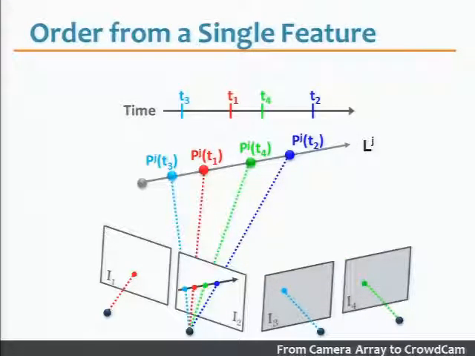Alternatively, if we had the projection of all points into one of the views, here again the spatial order on the image plane will be equal to the temporal order. So what we do is map all dynamic points to the same reference image.